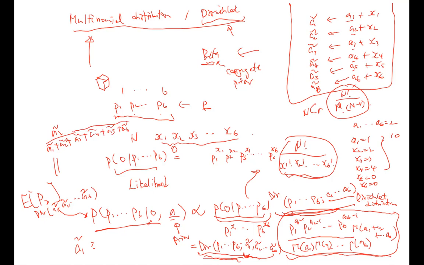So therefore, for example, in this case, if I have this initial prior, say A1 up to A6, as mentioned earlier, and maybe these are my observations here, if I ask you what's the Bayesian estimate of the probability of getting a 2, it will be simply equal to A2 tutor over this added together.